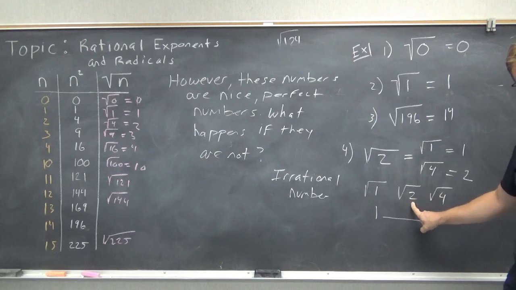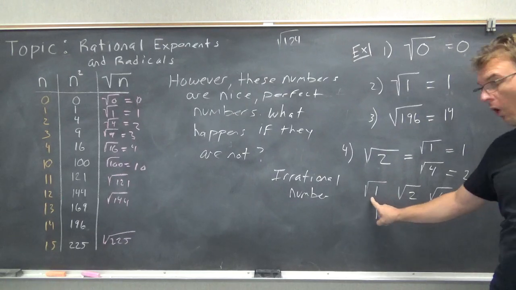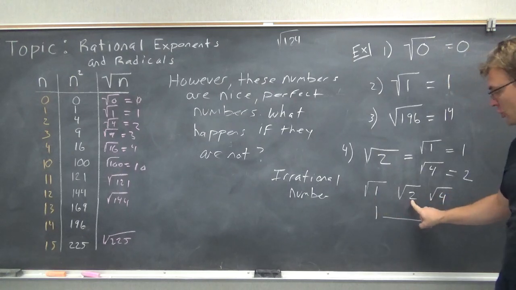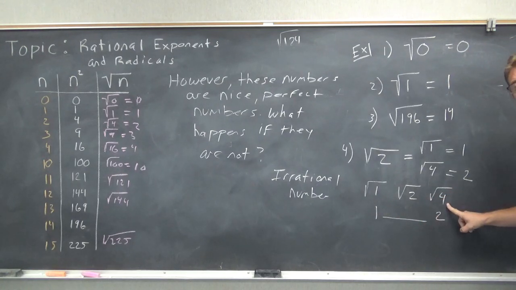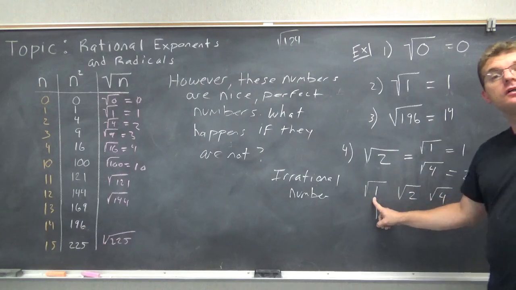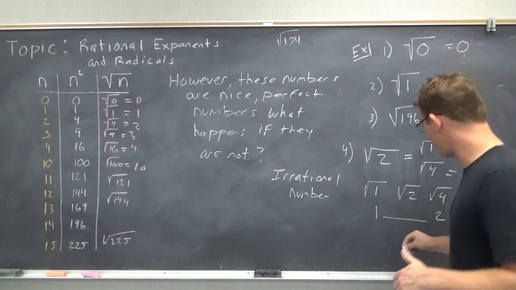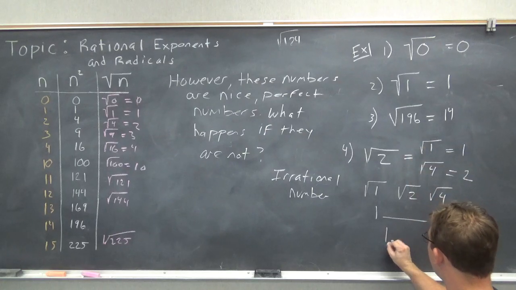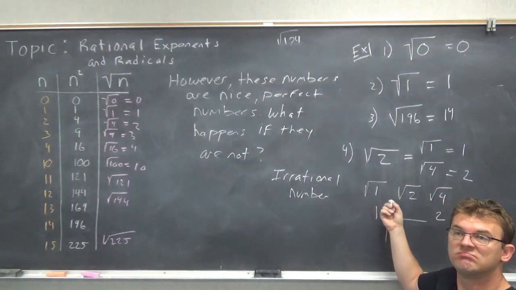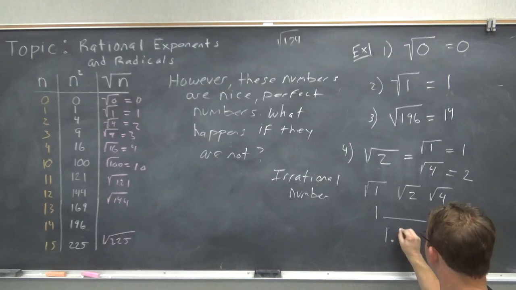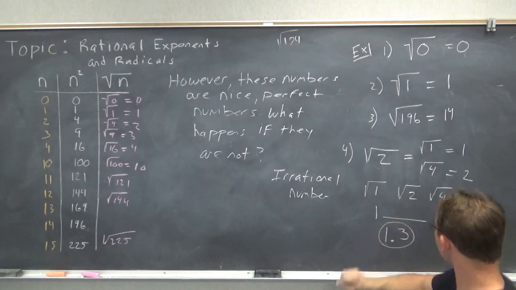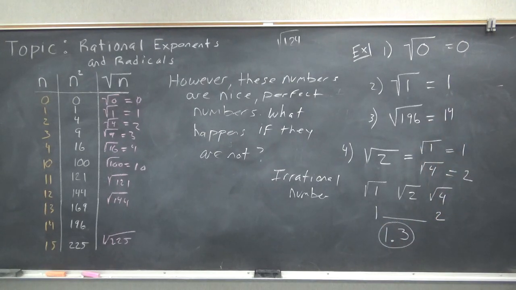Is 2 closer to 1, or is 2 closer to 4? Well, 2 is closer to 1. So this is going to be roughly about 1.3. About 1.3.